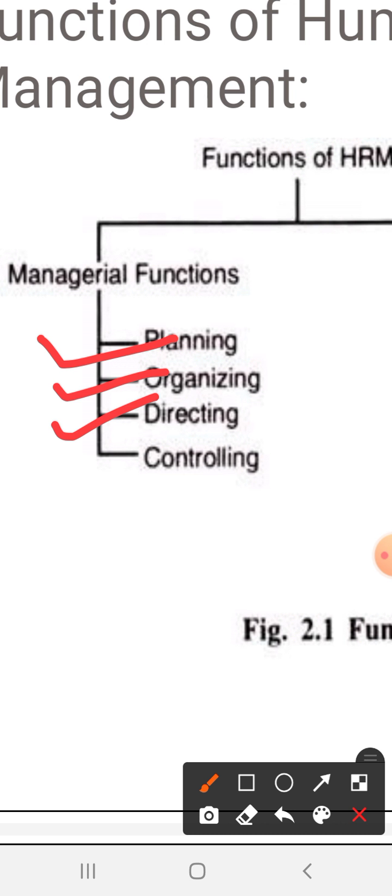Then the last function we have is controlling. So what does it do? Once we are done with planning, organizing and directing, controlling checks whether we are able to achieve our objectives as per the plan, whether there is any deviation.